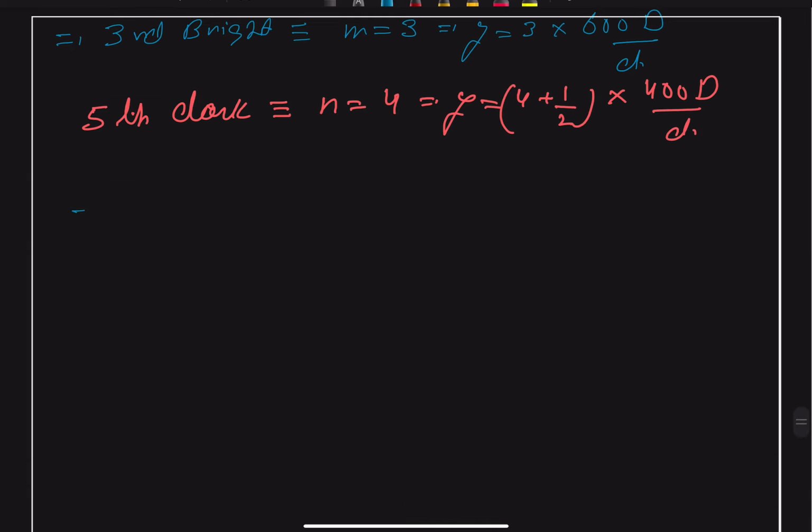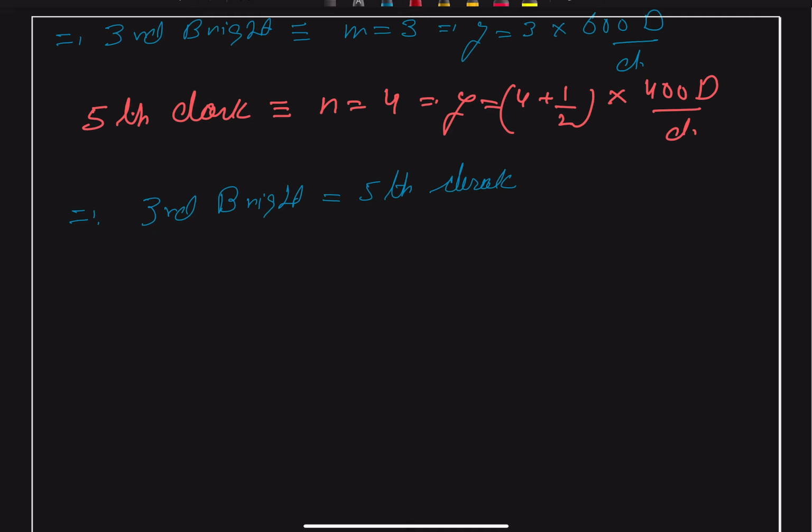We are given that the third bright is equal to the fifth dark, so we can equate them.